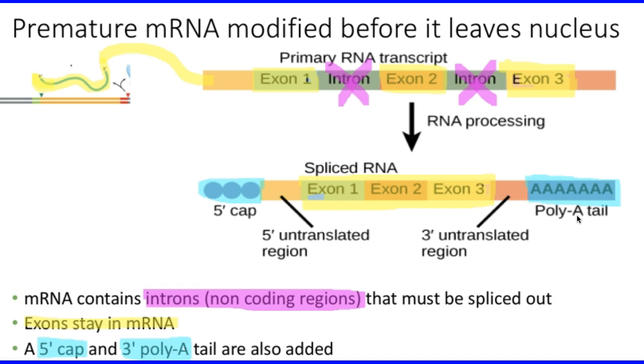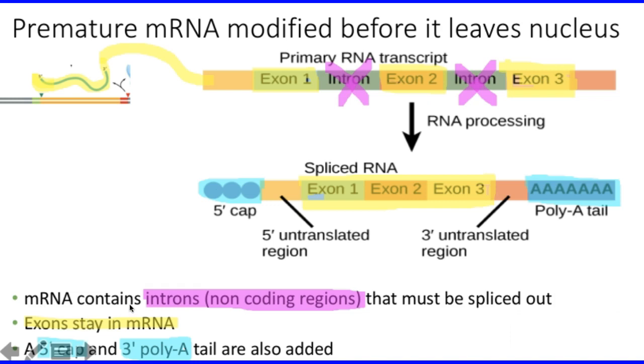The reason it needs that adenine, or a bunch of A's at the very end of it, is because we want to make sure that if anything gets cut off by enzymatic activity when it leaves the nucleus, that it's not getting rid of any of the expressed gene information we need. So we'd rather it cut off this end and that end if an enzyme came across it. So it's kind of like a protection barrier.